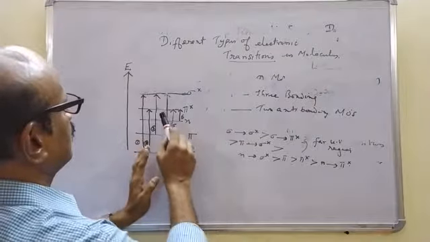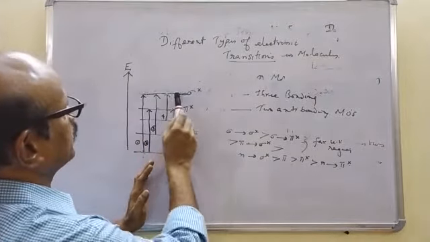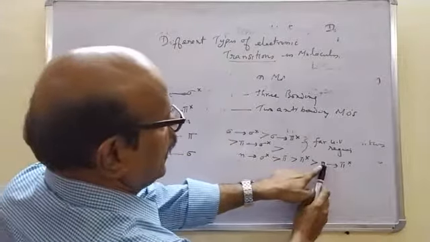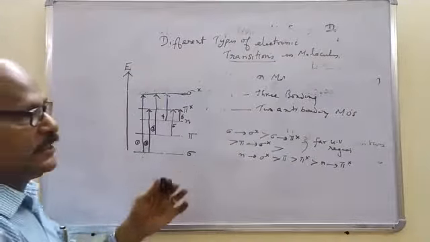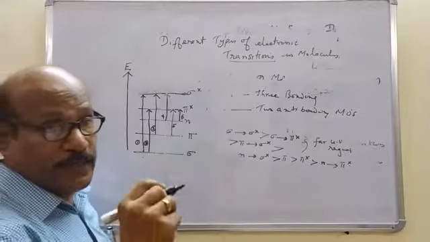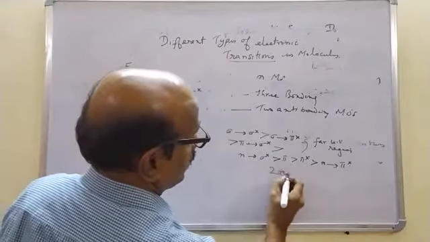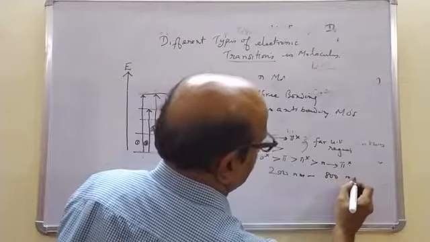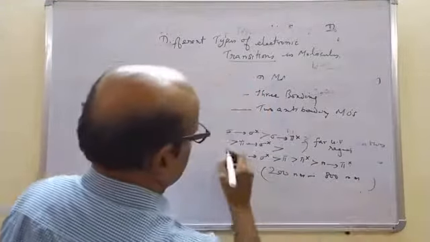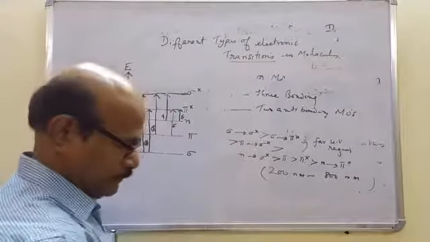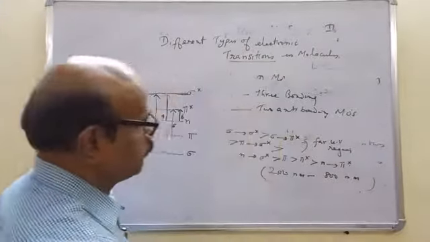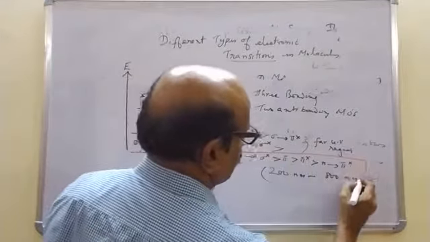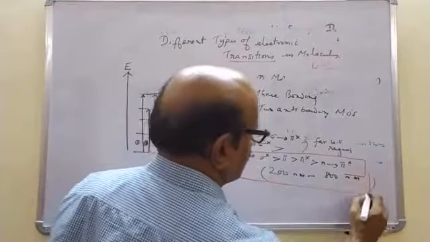While the other 3 transitions, that is n to sigma star, pi to pi star, and n to pi star transition, take place in the near UV and visible region, that is 200 nanometer to 800 nanometer. These 3 electronic transitions are important in the UV visible region.